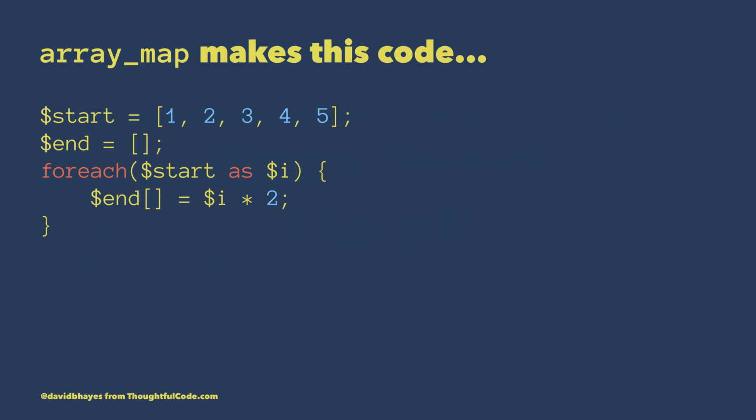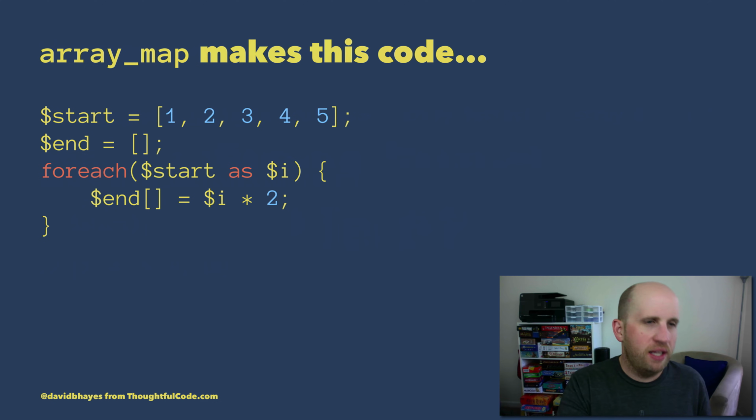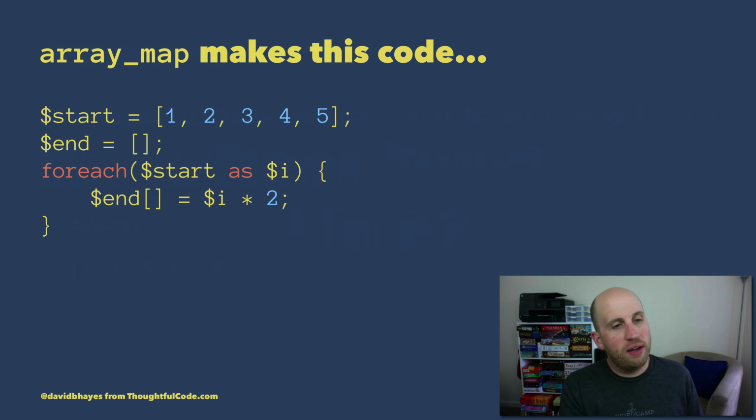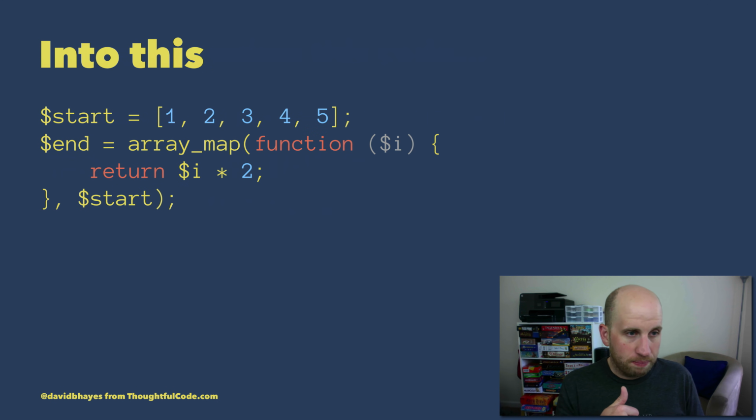So what the array_map transformation lets us do is skip over a foreach. This code is basically doing the same thing we just did, only without using array_map, but instead using foreach, which you probably are doing. In this case, I created two arrays, and then I shoved into the end array the values from the start array as I foreached over them.